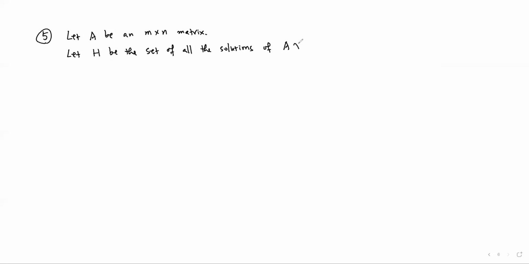Now, this time, the right-hand side is non-zero. B is non-zero. So this equation is a non-homogeneous equation. Now this time, H is not a subspace of Rn.